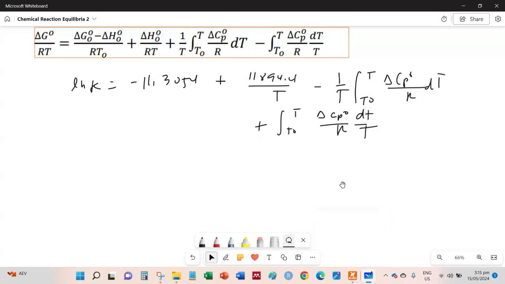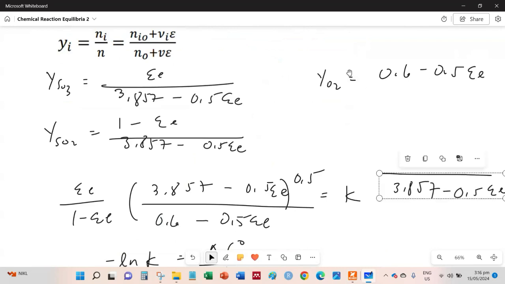Okay, so the problem is these two terms right here, because the final temperature is unknown. So what we will do is we will get the CPs of the species of the product, using the table C.1.